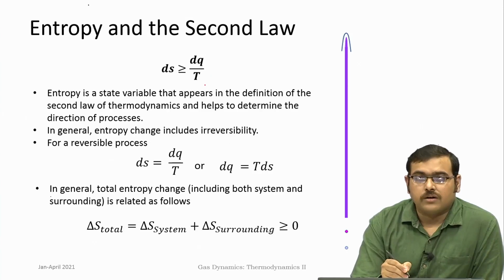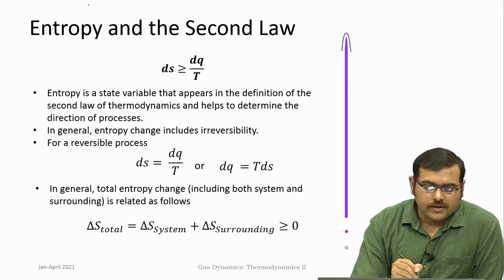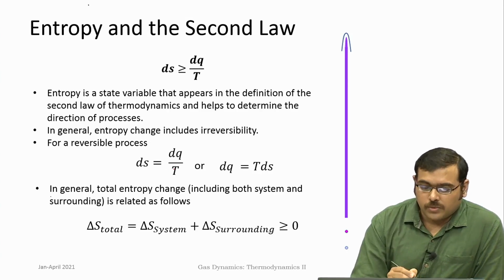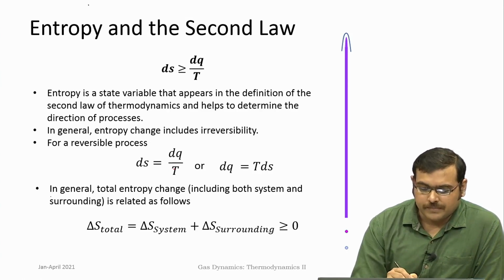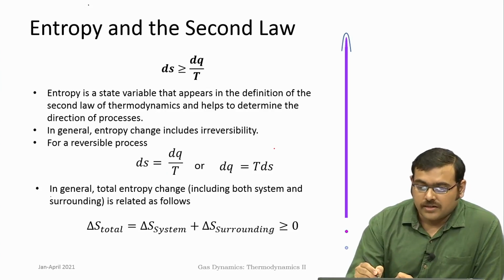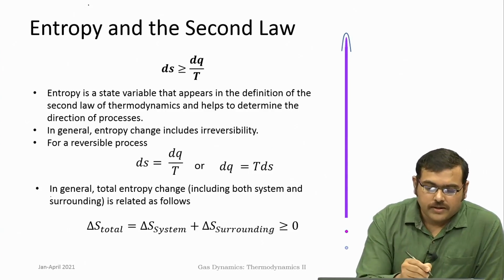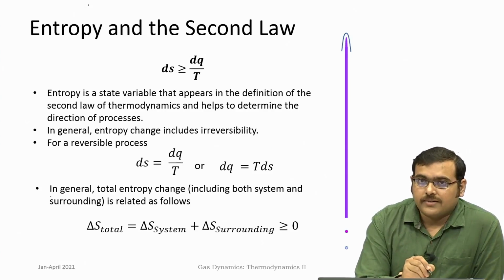But if one considers a reversible process, then ds will be equal to dq by T, or you can write dq is equal to Tds. Now, important point is that entropy is a state variable.